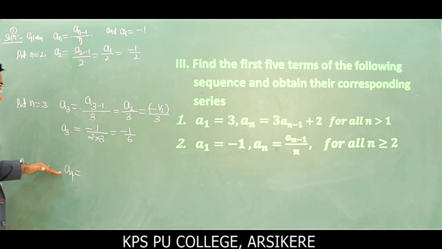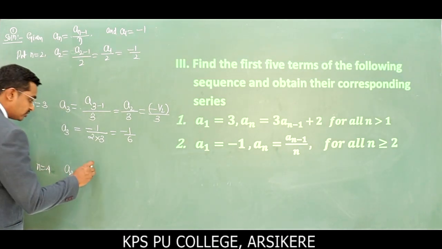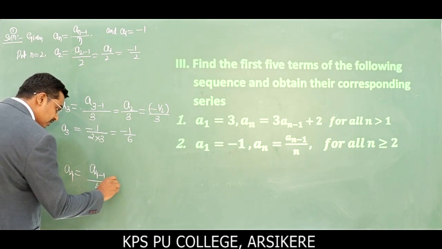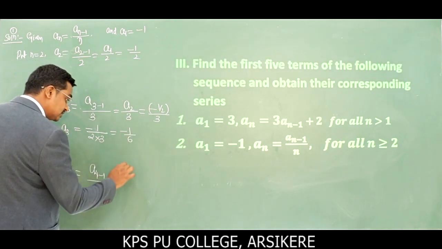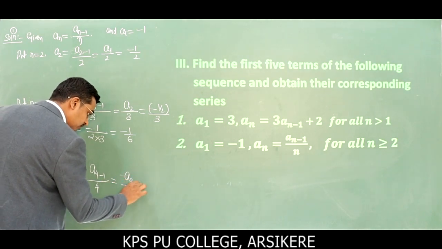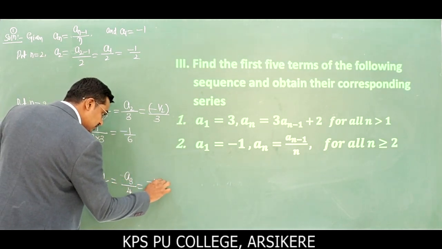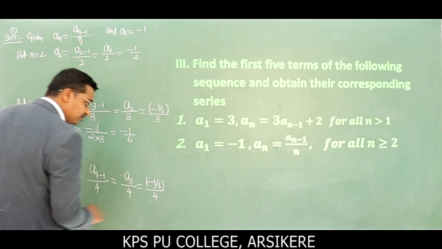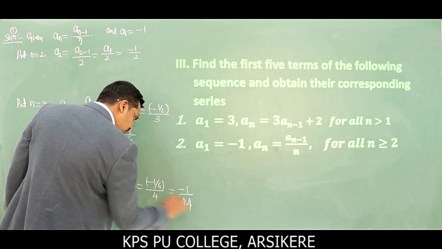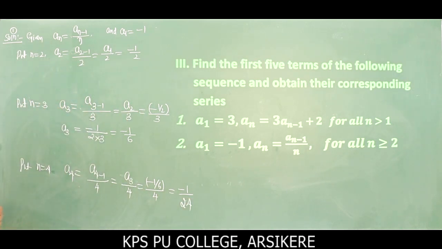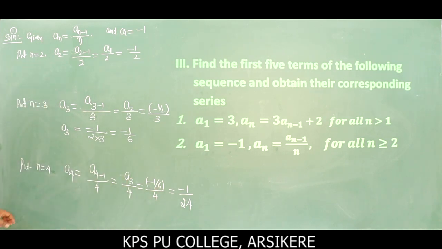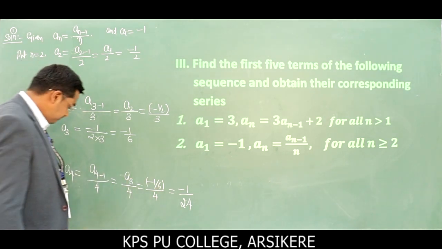Similarly, substitute n is equal to 4, you obtain the fourth term. So a4 is a3 divided by 4, which is minus 1 by 6 divided by 4. This is nothing but minus 1 divided by 24, as 6 fours are 24. This 4 goes to the denominator, making 24. Next a5.